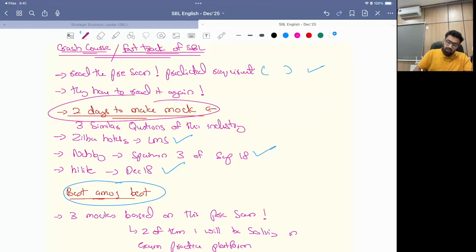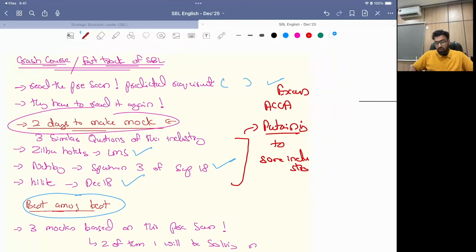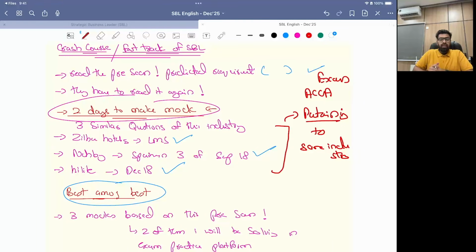Why did we solve those? These are real life ACCA exams, and they pertain to the same industry as this question. If the industry is the same, luckily you're going to get some similar requirements, so we should be doing it.